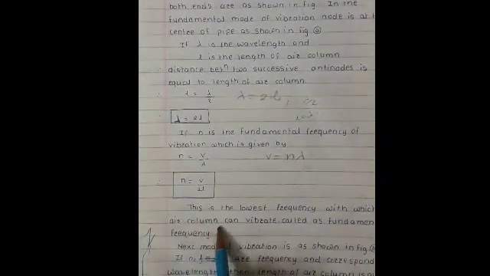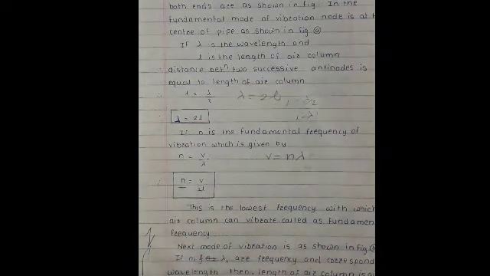This is the lowest frequency with which the air column can vibrate, so it is called the fundamental frequency. n is equal to v upon twice L. In a pipe closed at one end, you know that the formula is n is equal to v upon 4L.